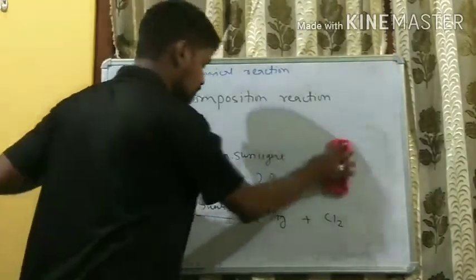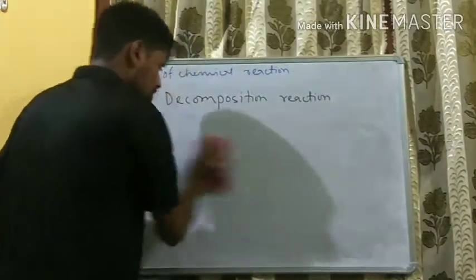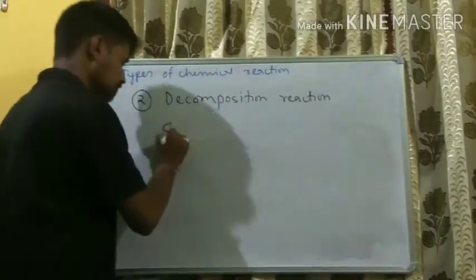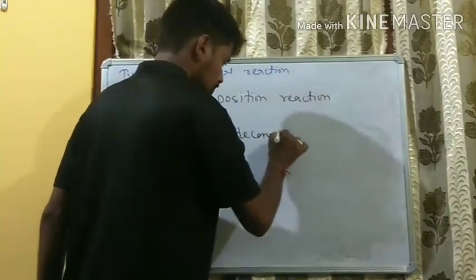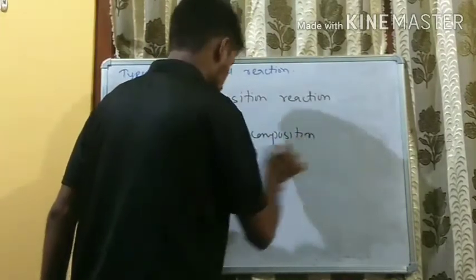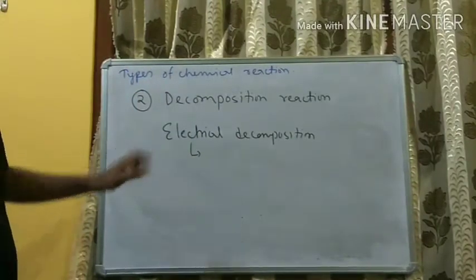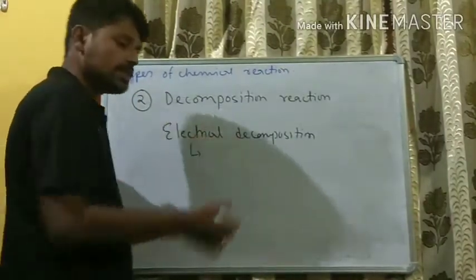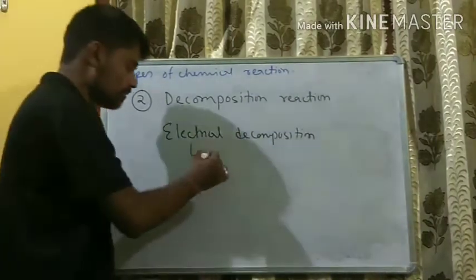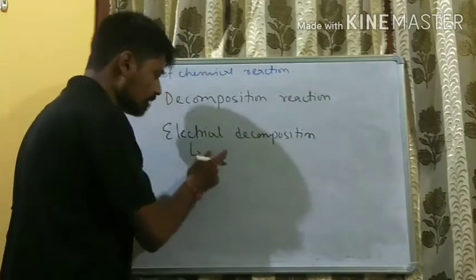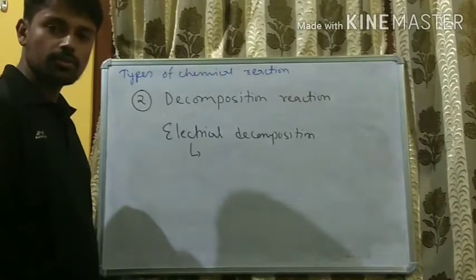Now let us move to the electrical decomposition. The decomposition reaction in which electricity is used is known as electrical decomposition. In the first equation we have used heat. In photochemical decomposition sunlight is used.